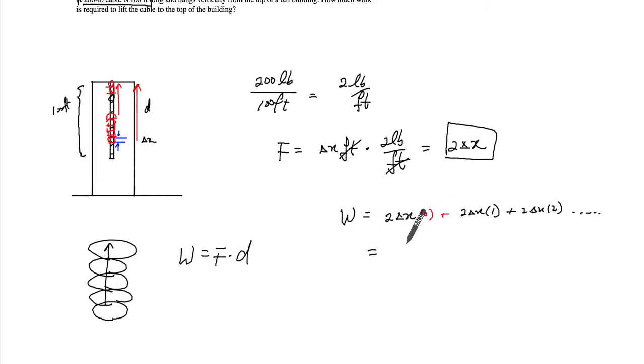So in general, we can write it as a sum: sigma of 2 delta x times i.